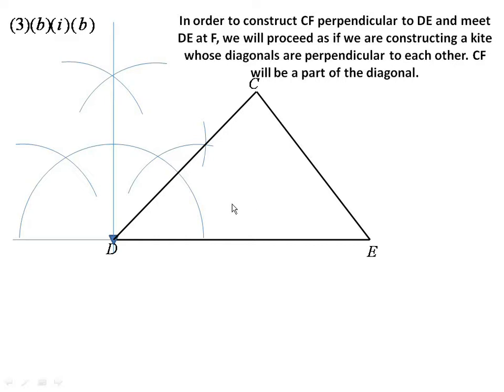So in a kite we have these two adjacent sides equal in length and these two adjacent sides equal in length. And because of that construct, the diagonal that goes from C all the way to the other side over here will actually turn out to be perpendicular to this one, as we generally have in a kite. So in order to do that construct, what do we do?